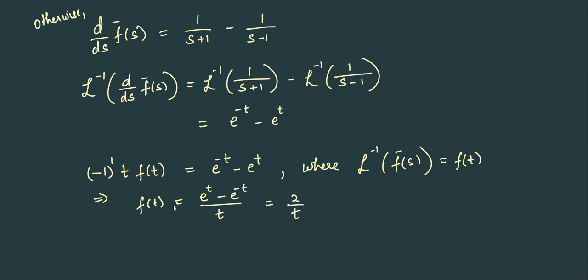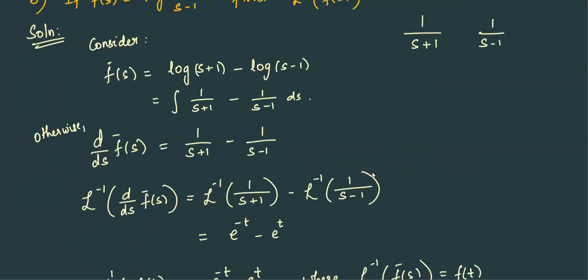So 2 by t, e power t minus e power minus t by 2 is sine hyperbolic t. So this is the inverse transform of f bar of s.